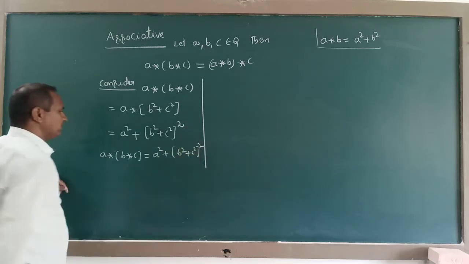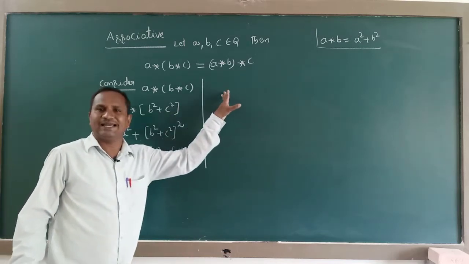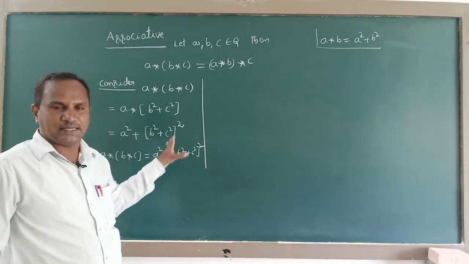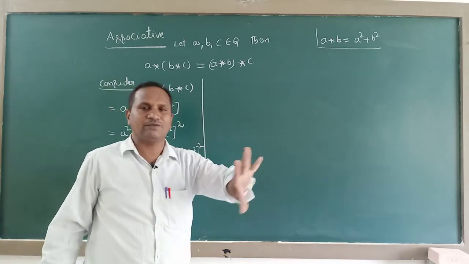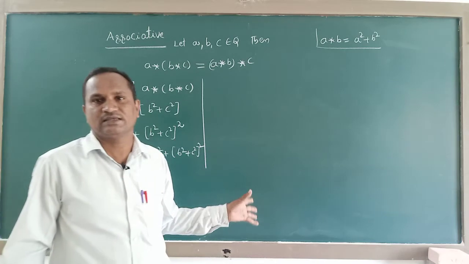It is the left hand side value. Now we'll check the value for the right hand side also. If we get the same value on this side also, then only we say star is associative.